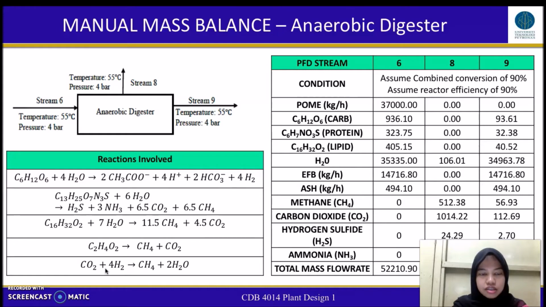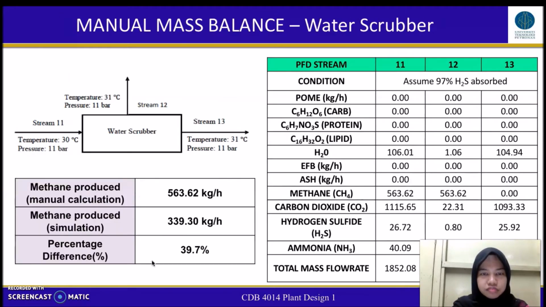These reactions are for carbohydrate, protein, and lipid. As you can see in the diagram, stream 8 is the biogas pathway, while stream 9 is the organic fertilizer pathway. For our calculation, we assume a conversion of 90%, and also a reactor efficiency of 90%.